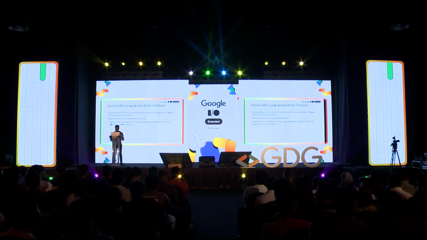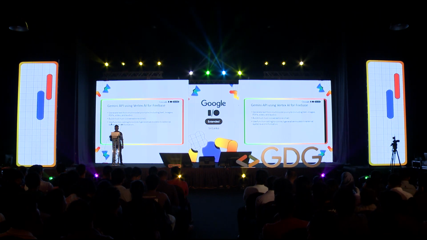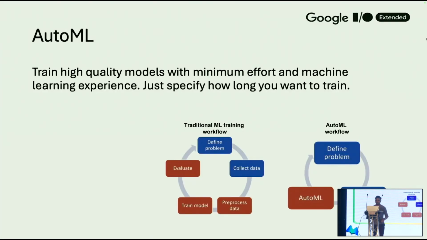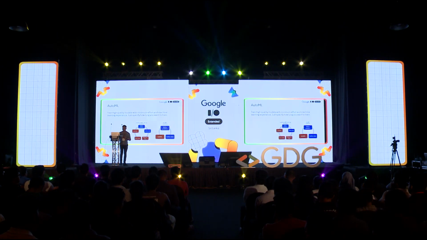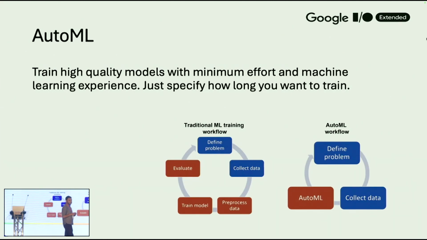Okay. Then another thing you can do with Vertex AI is AutoML. Here I have created an app which is very famous these days in Sri Lanka.